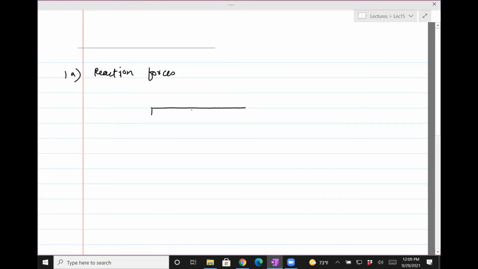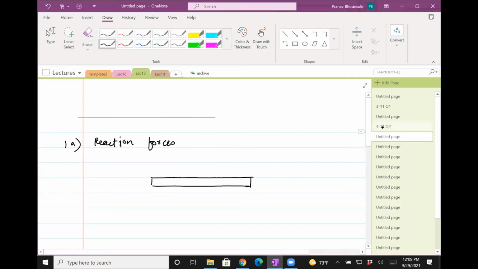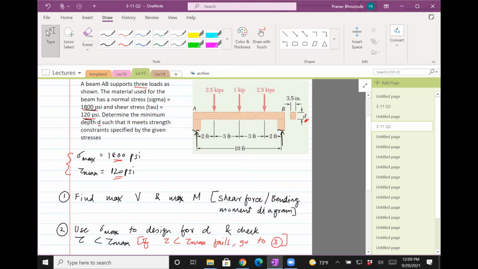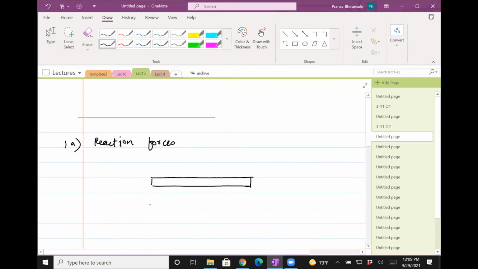So let's draw the beam. I'm assuming that the way this is set, it's sort of on rollers, so there's only a vertical force that it needs to bear, and there's no horizontal force and no moment.